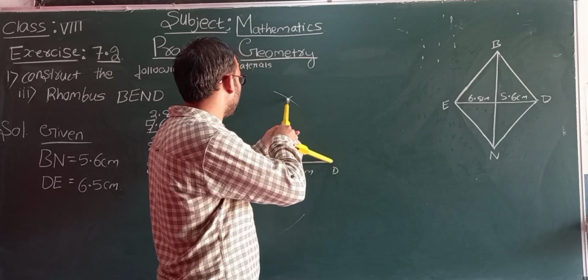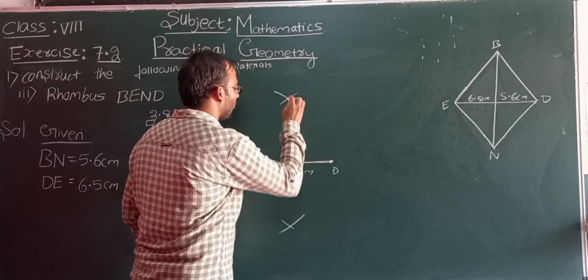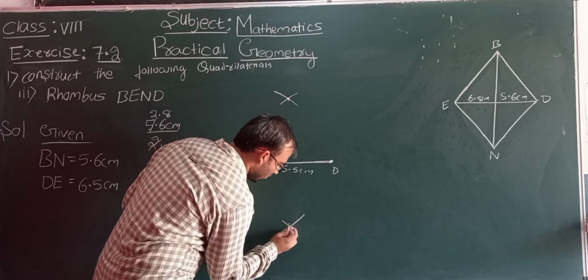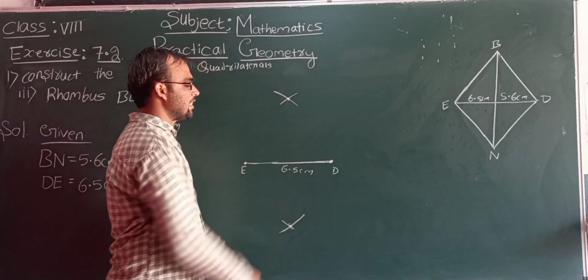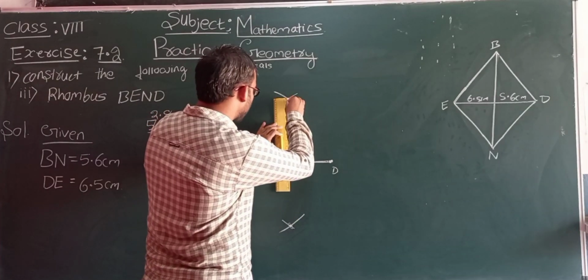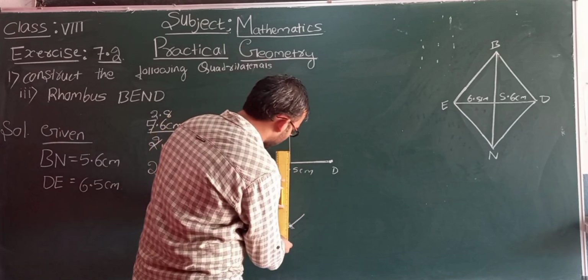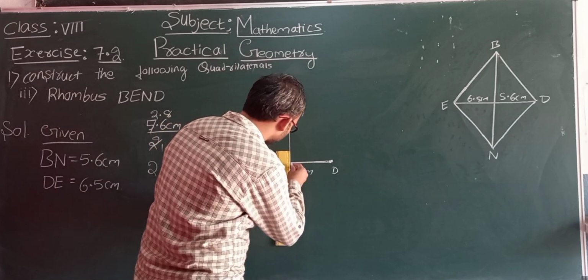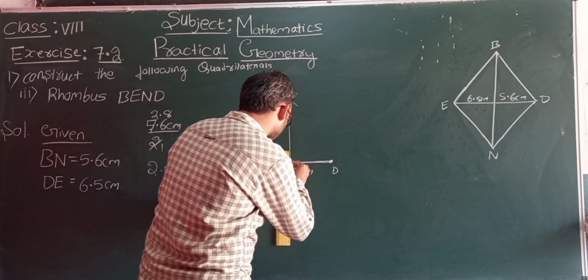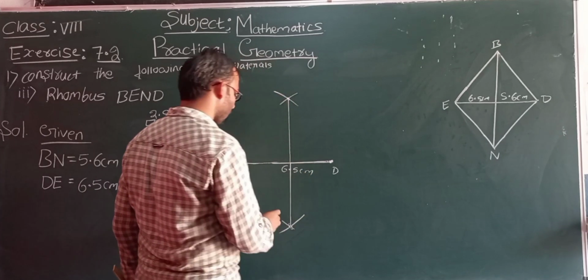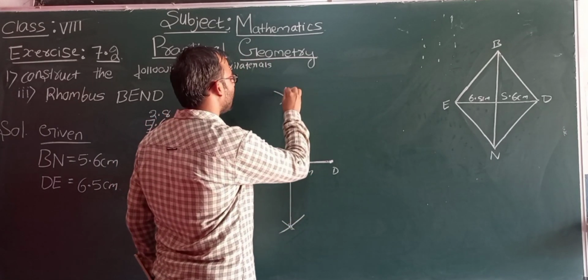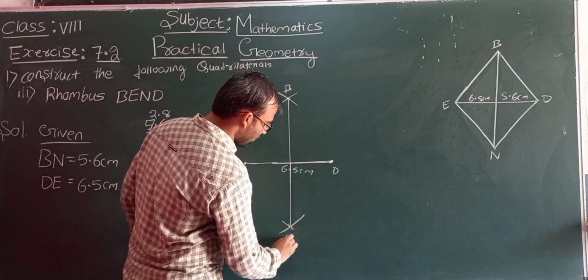Again, mark the points. Now draw the straight line. Next, this is B and this is N.